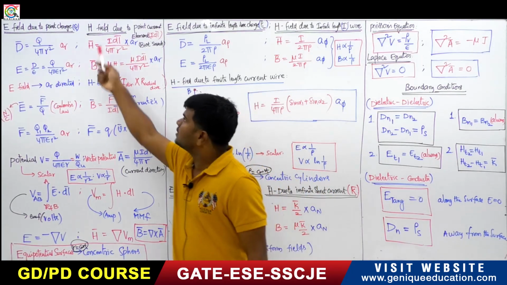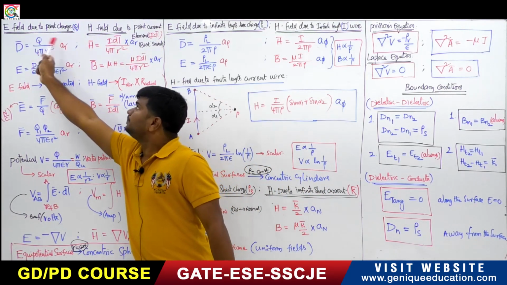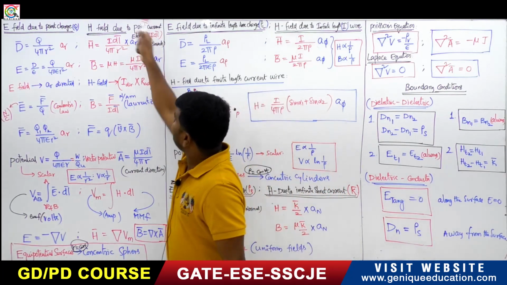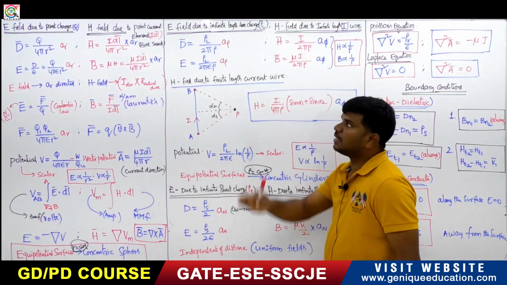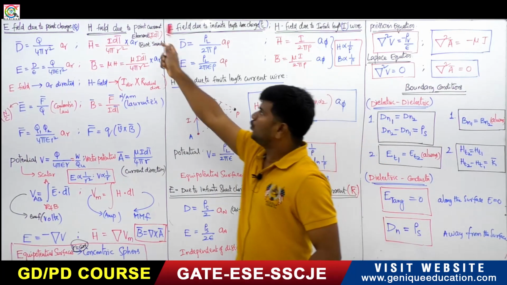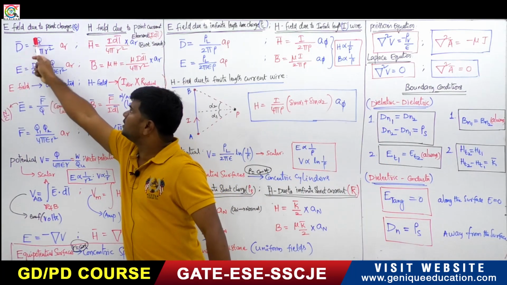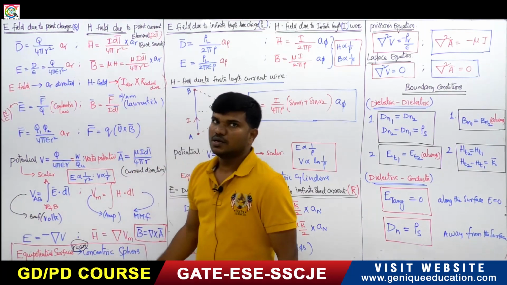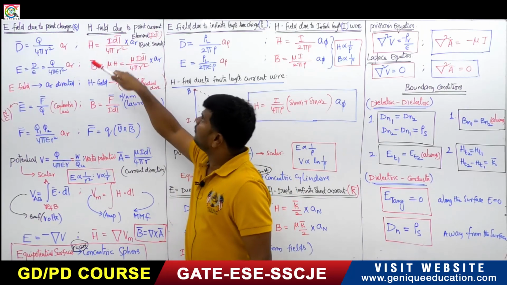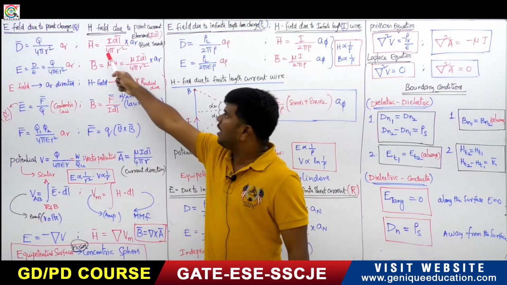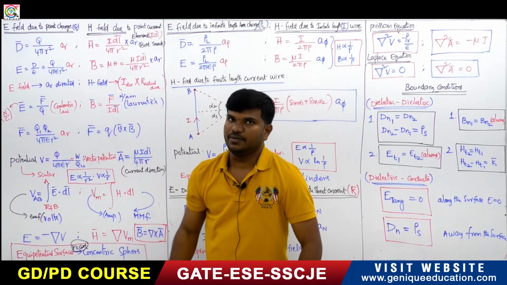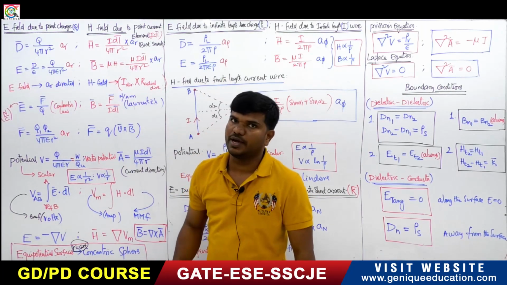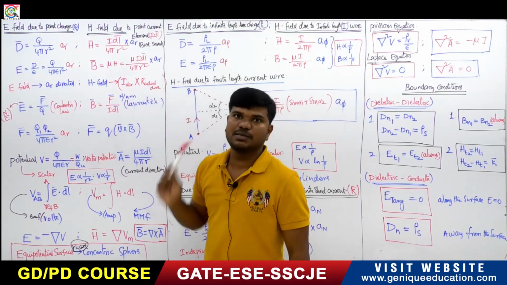For the electric fields we have defined the point charge, and for the magnetic fields we have chosen the point current element. Due to the point charge, the electric flux density is equal to Q divided by 4 pi r square into AR. Similarly for the magnetic fields, due to the point current element, the magnetic field intensity is equal to IDL divided by 4 pi r square. So you have to observe the similarity here.